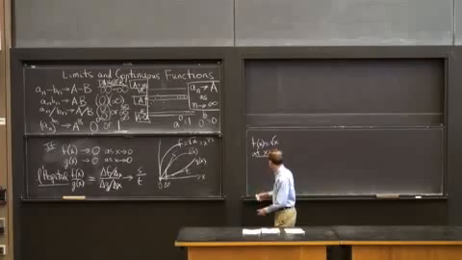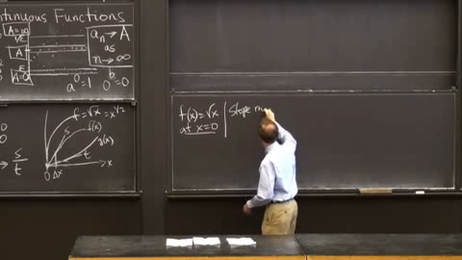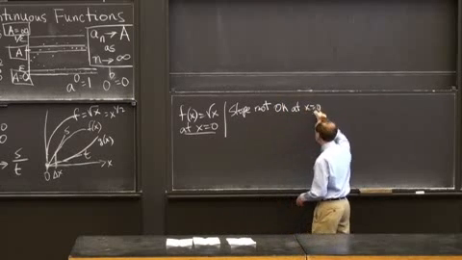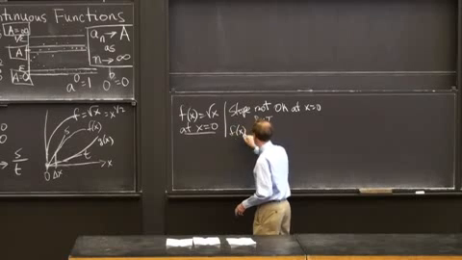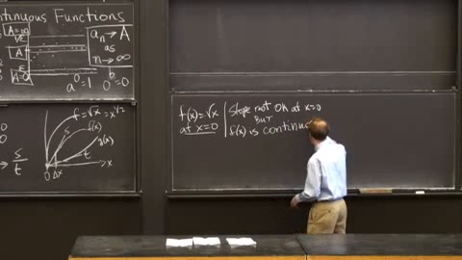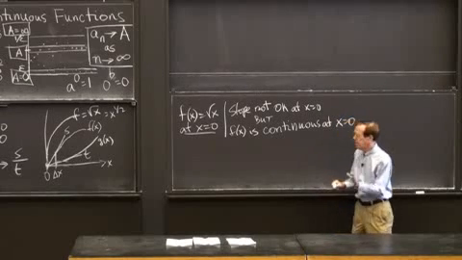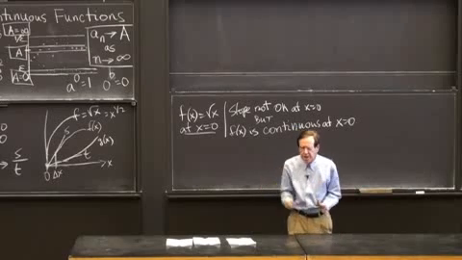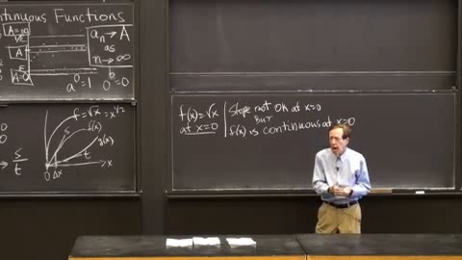Okay, so I would say this function has the slope not defined, not okay, at x equals 0, but f of x is continuous at x equals 0. I'm trying to make the distinction that asking for the function to be continuous is not asking as much.